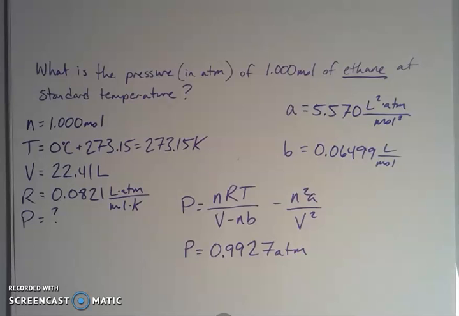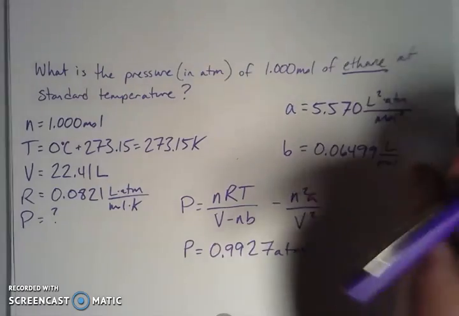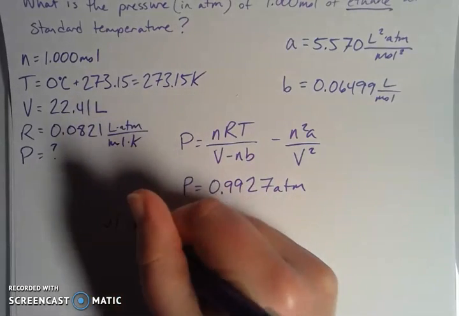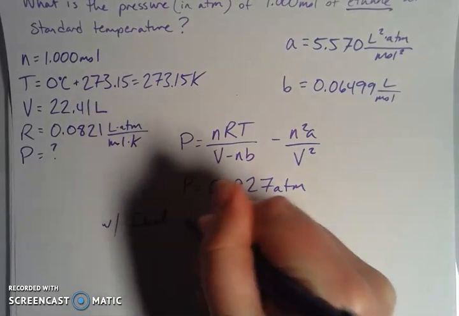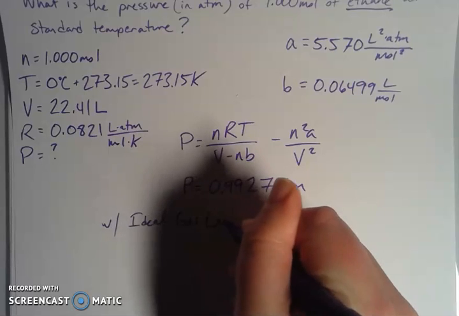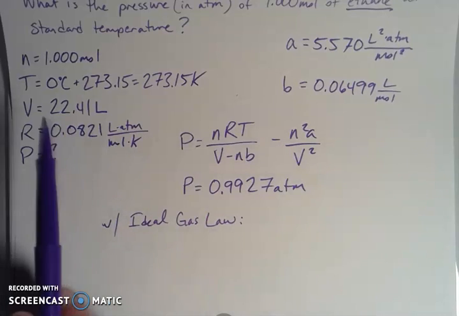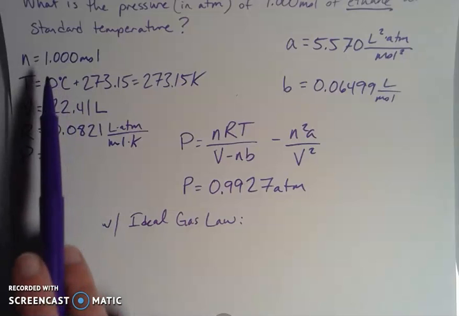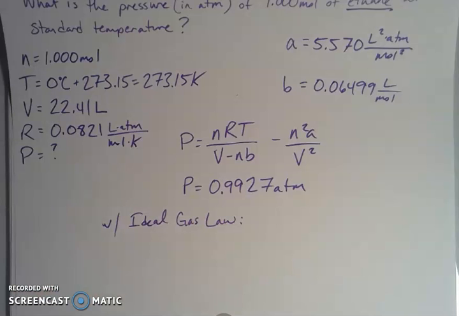And the interesting thing to me then is saying, okay, that's all well and good. What does that mean physically? Well, let's compare this to what we'd have if we had PV equals nRT. If we were predicting this with the ideal gas law, then I have the standard volume of 1 mole at the standard temperature. So what I would expect is that it would be at the standard pressure.